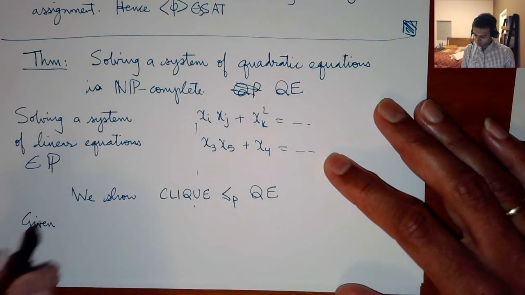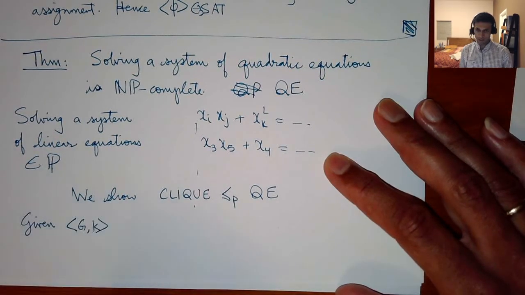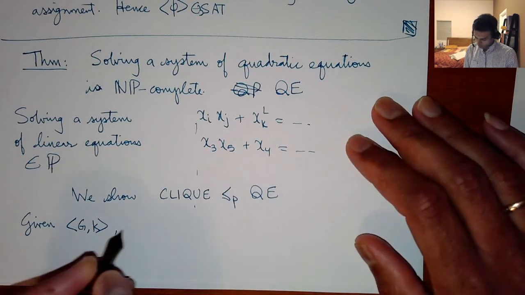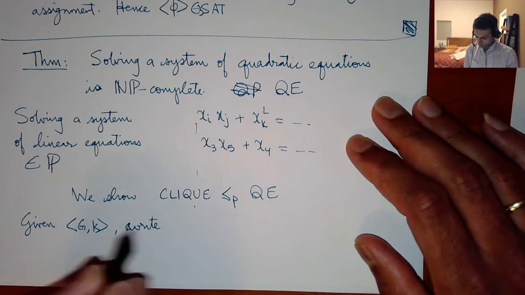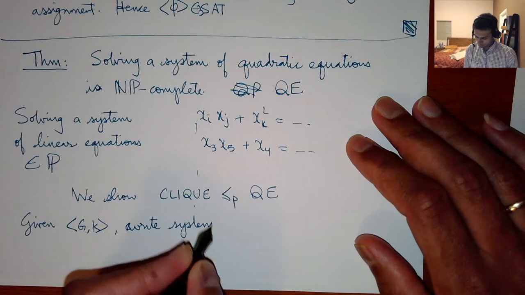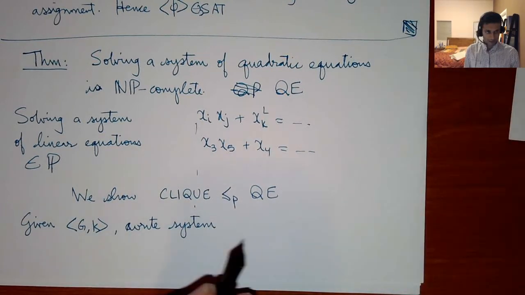So given, remember, an instance of Clique is G comma K. Write the system. Okay, so we're going to write a system, and then I'll explain what the system is.